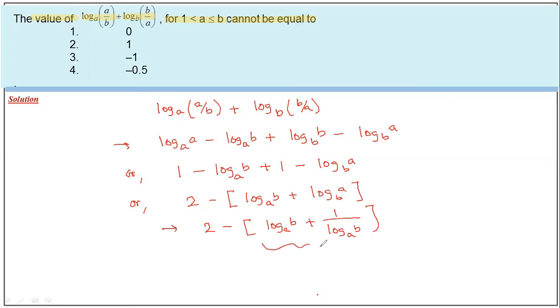Now this expression is of the form x plus 1 by x, and since x is positive and greater than 1, so the value would be greater than or equal to 2. So in that case, this particular expression can never be equal to 1. So option 2 is the right answer.